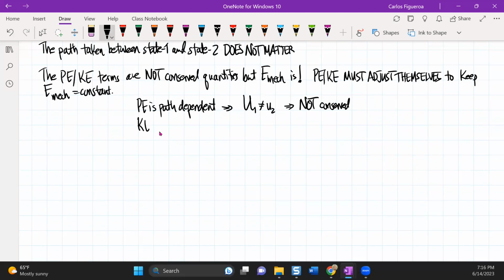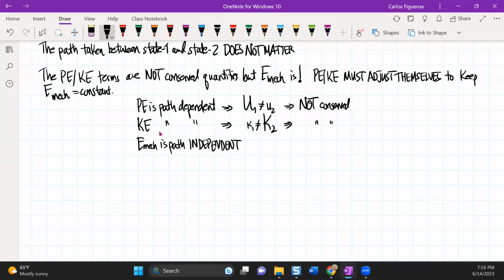I could say the exact same thing for kinetic energy, because when I look at the kinetic energies, we see that they're not the same. But what is the same is mechanical energy. Mechanical energy is path independent.